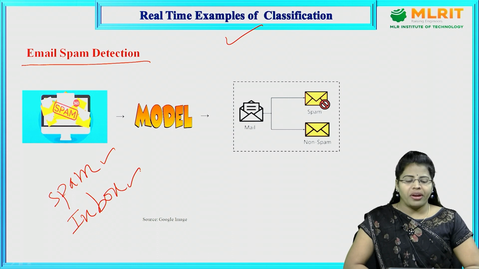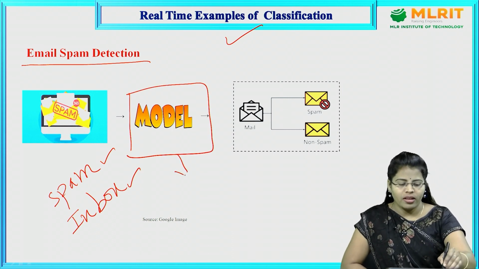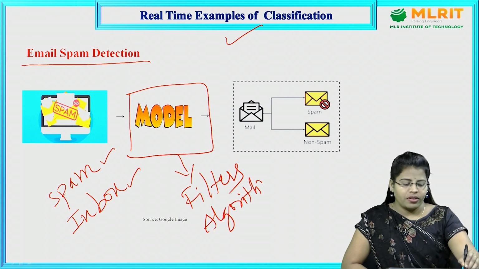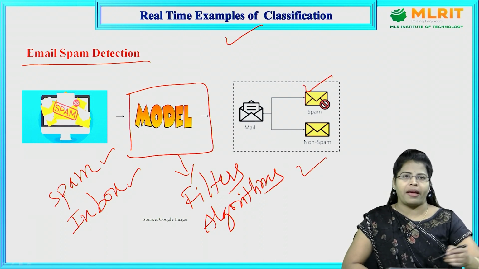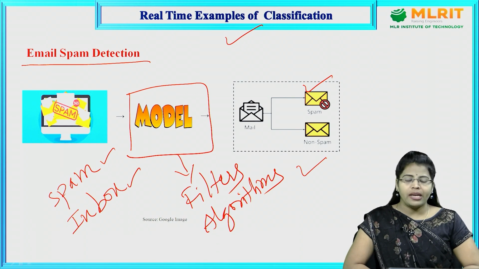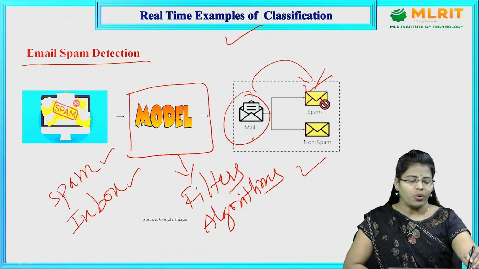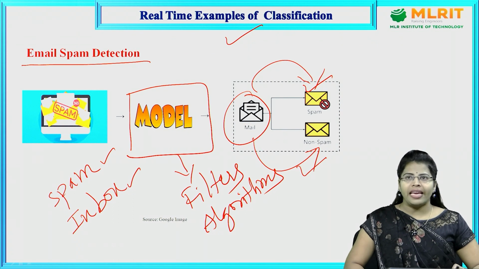We give training to the model by using some filter algorithms to predict whether the mail is spam or not spam. After the training, the model is going to predict whether a mail is a spam mail or not a spam mail. This is known as email spam detection.